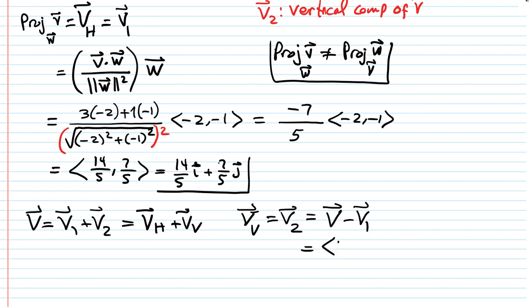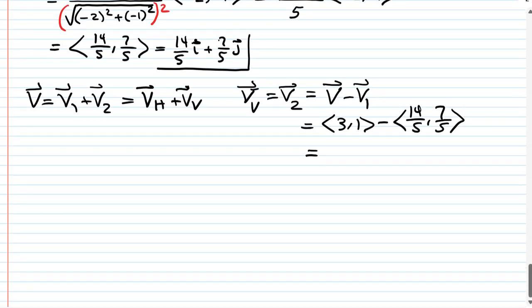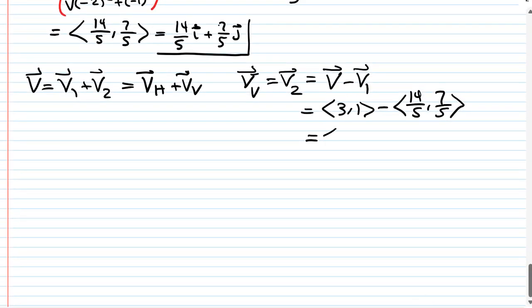That's when you do (3, 1) minus the one we just found, the projection vector, and then what do we get? We're going to have (1/5, -2/5).